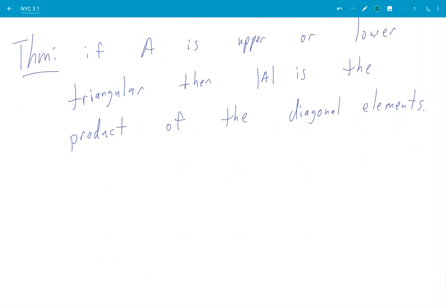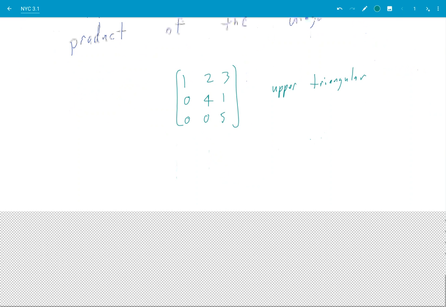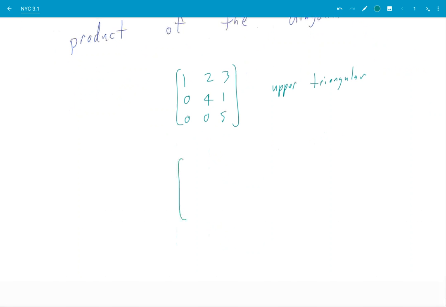Now, this is an example of an upper triangular. And then a lower triangular would be, pi, why not? E, even if there's a 0 there. I think I got that right.